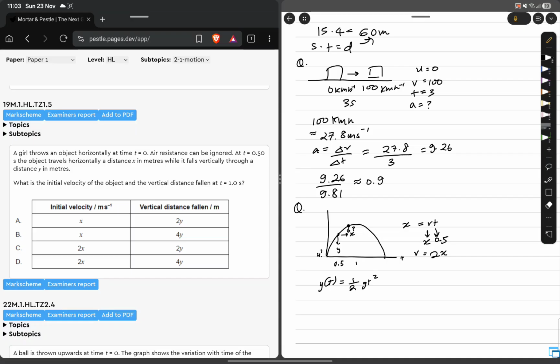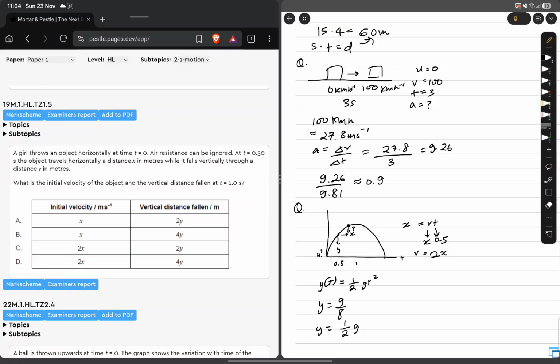So what we're going to do here is plug in 0.5, and we look at that the y is g over 8. And then if you find the vertical distance at 1 instead of 0.5, if we plug in 1 instead, we'll get that y is half into g.